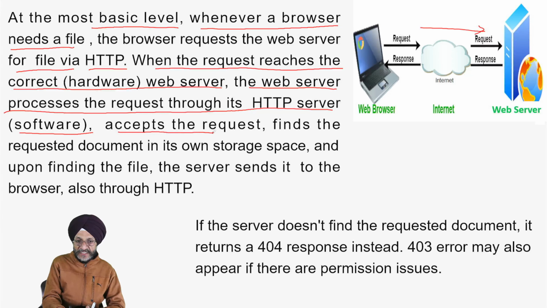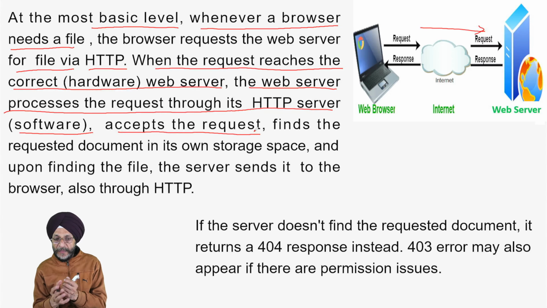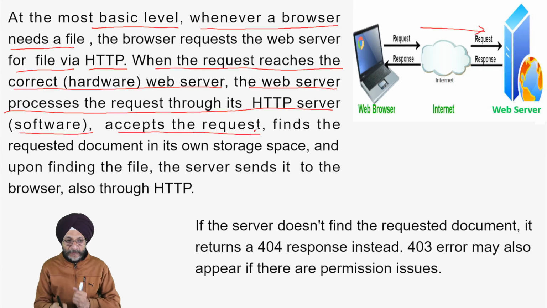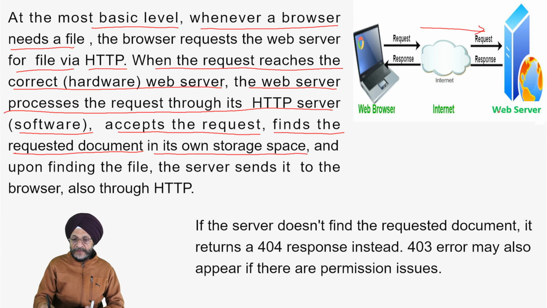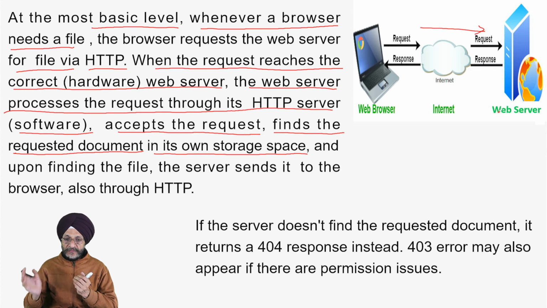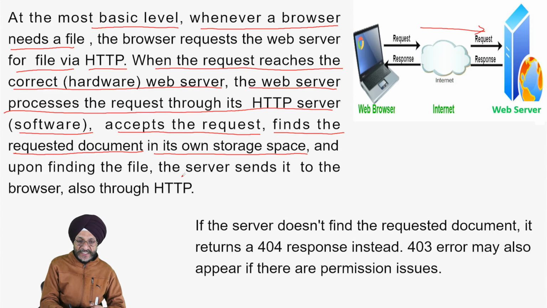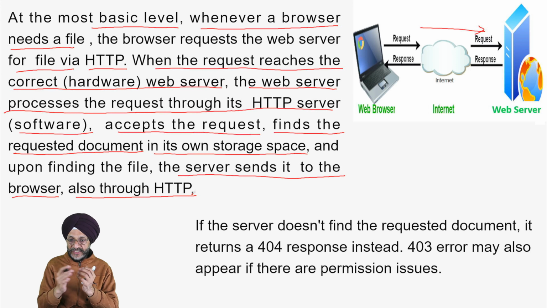Then the server accepts the request which has been made by the web browser. Then the server finds the requested file or requested document in its storage space, and when it finds the file, the server sends the file back to the browser also through HTTP.